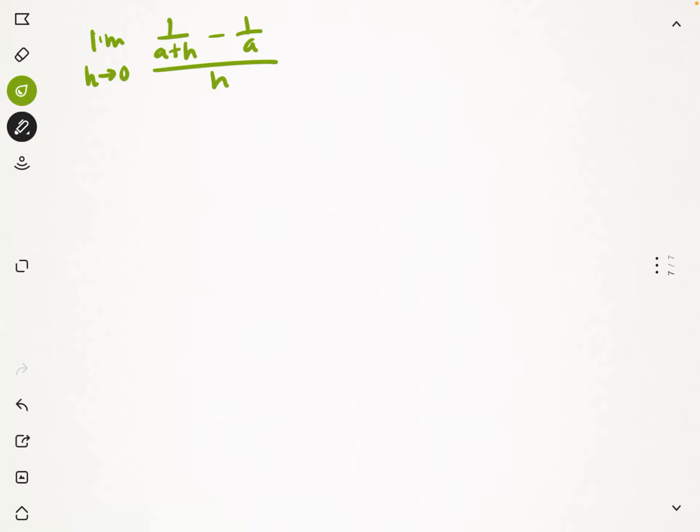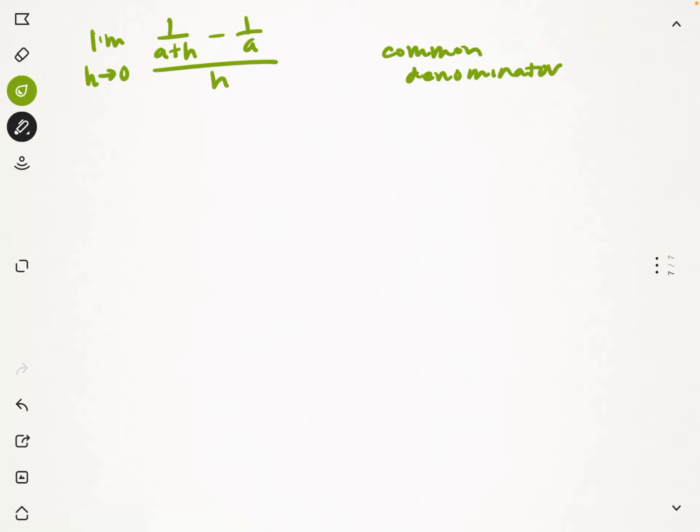Because we have a rational function, we have our variables in the denominator. It's going to be tricky, but the key idea here is we want to do common denominators because we're subtracting in the numerator.